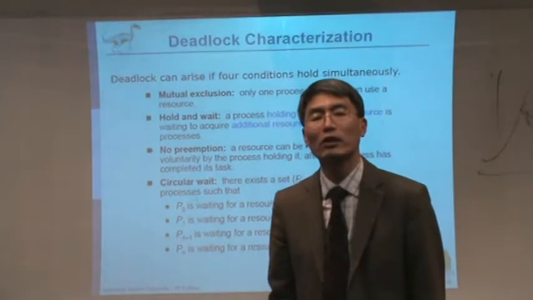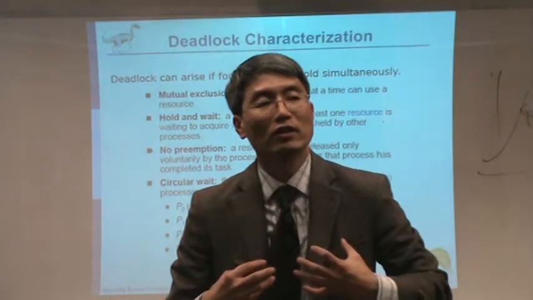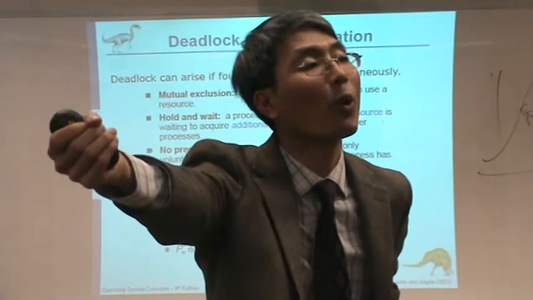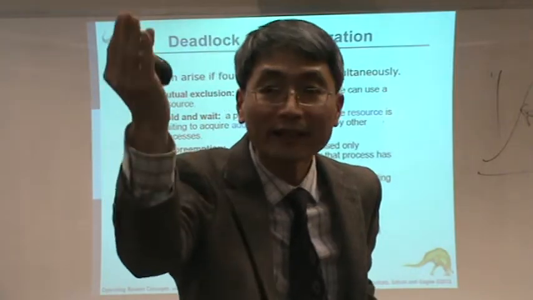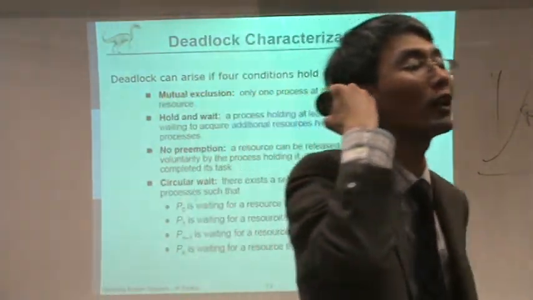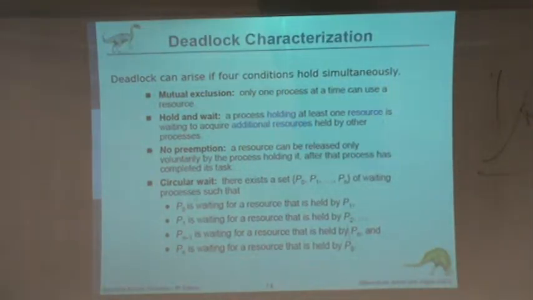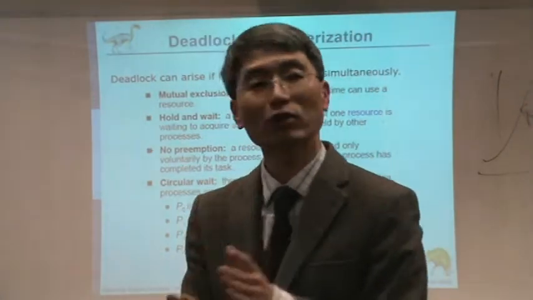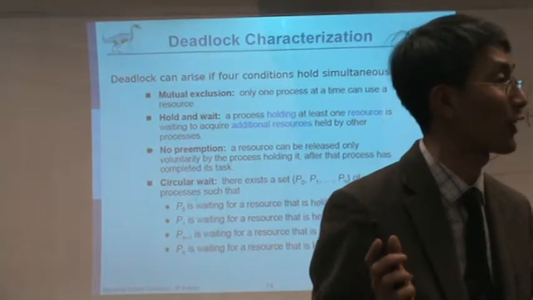The second requirement is that a process holds one resource and requests another: hold and wait. Then that requested resource should be occupied by another process, which means you need to wait. Otherwise, if you do not hold anything, you are not involved in a deadlock situation.